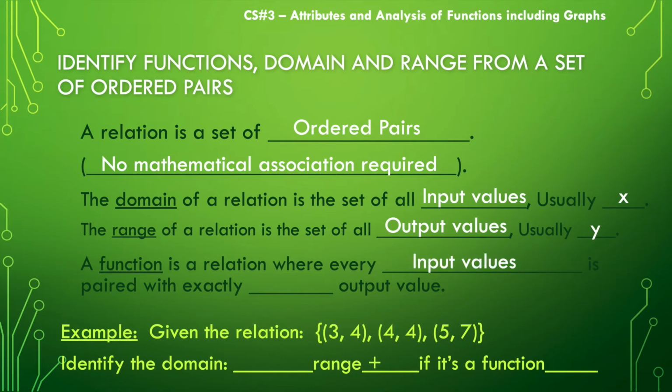Now, a function is nothing more than a special relation. It's a class of relation, and what's special about it is that for every input value, there's exactly one output value. We deal with functions all the time. You deal with them so frequently you don't even know it.